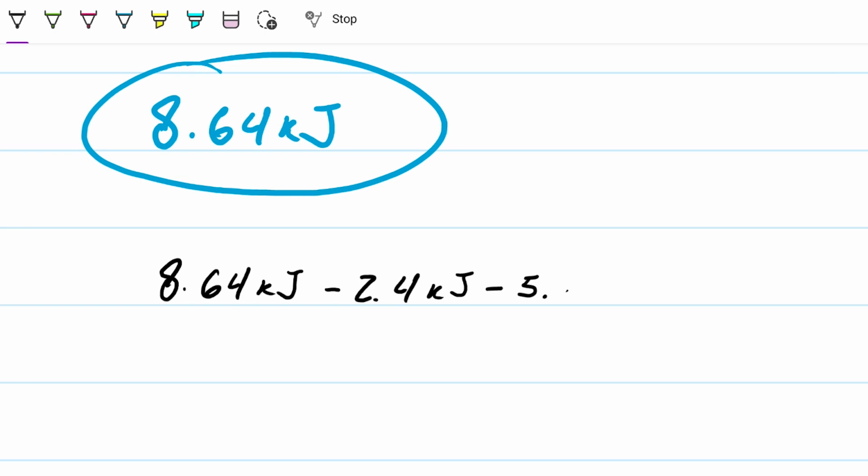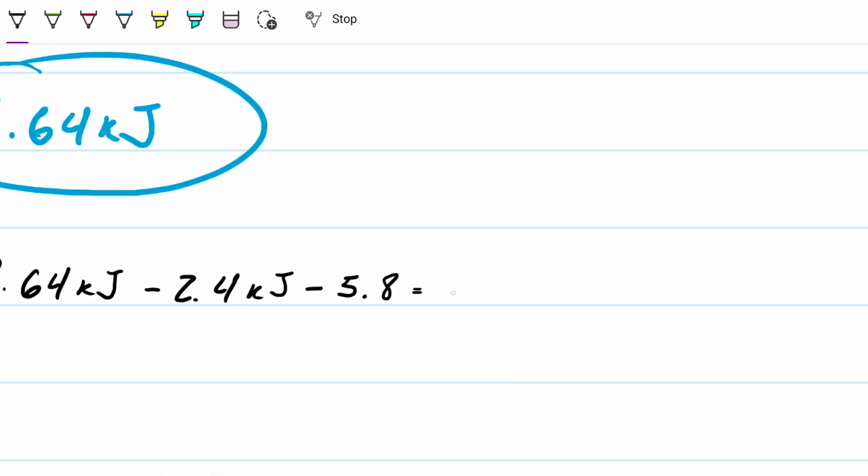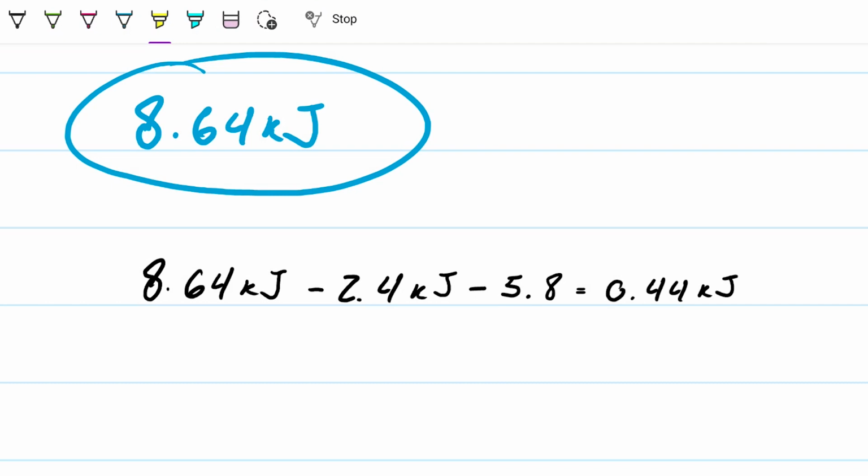And then we're left with only, this is all kilojoules, 0.44 kilojoules. So out of all that energy supplied by the battery, only 0.44 actually could be used by the gas to do work and expand the piston and push the piston upwards.